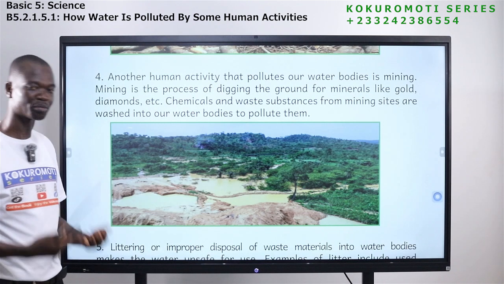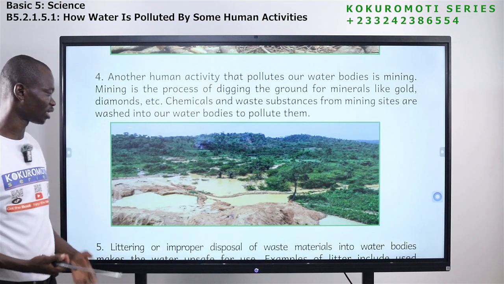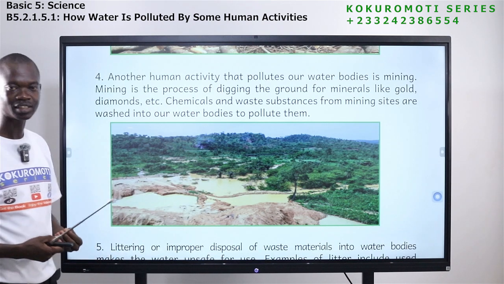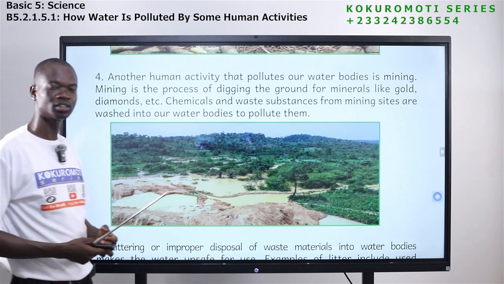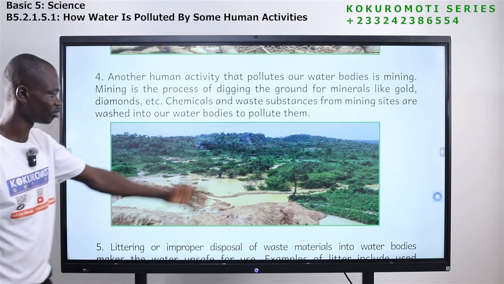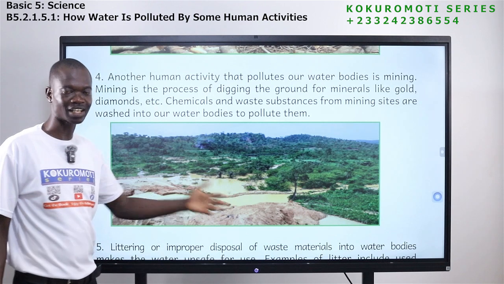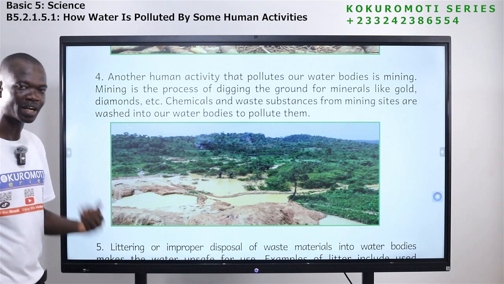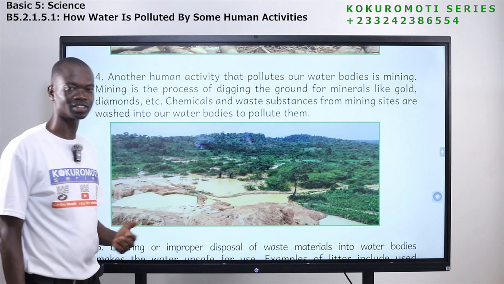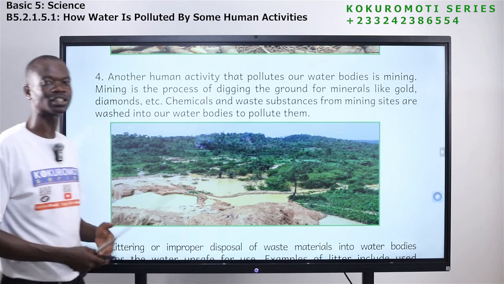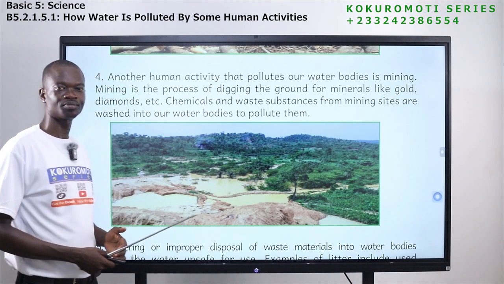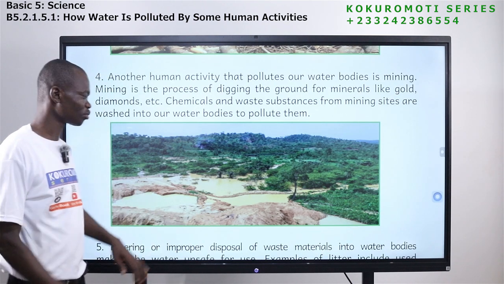We can't use it for farming. You can't fetch water from here. The soil too, the fertility of the soil is not there again. So they will finish and leave the place like this. So illegal mining is something that we need to discourage. There are better ways that we can mine. But our people are not doing it.